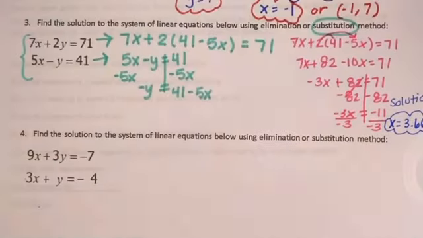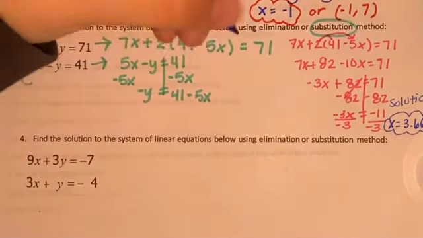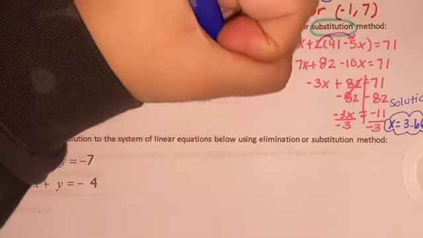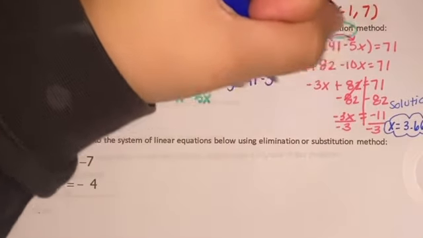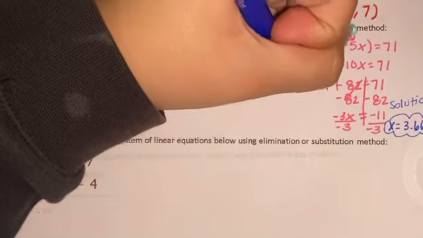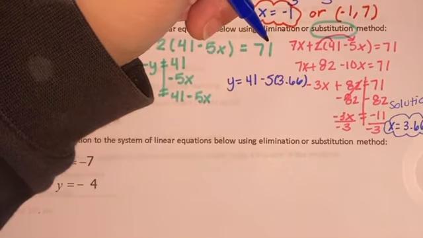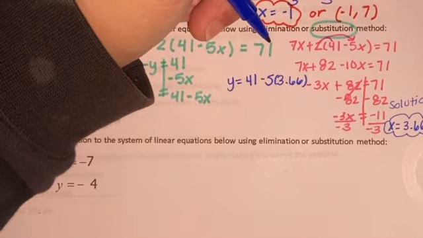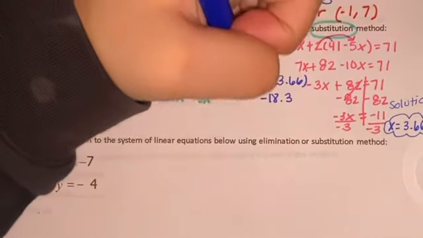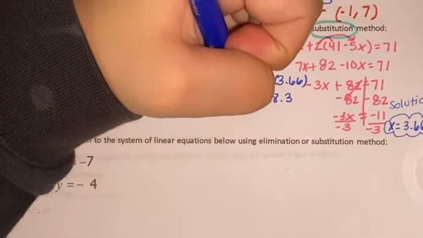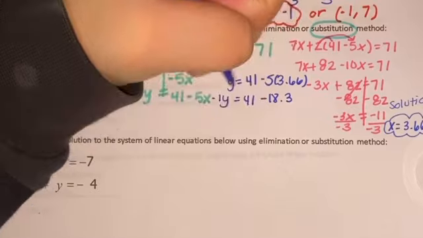So now to figure out our y, we're going to put y is equal to 41 minus 5, and then where x was, we're going to put 3.66. So we do negative 5 times 3.66 equals negative 18.3. And there's a negative 1 on the y.